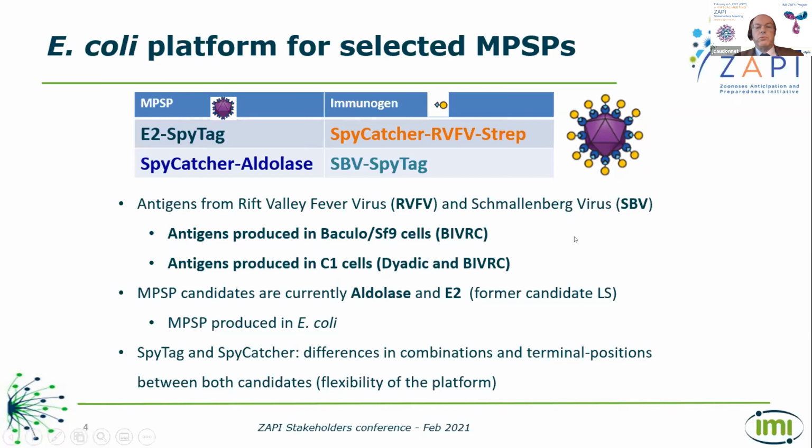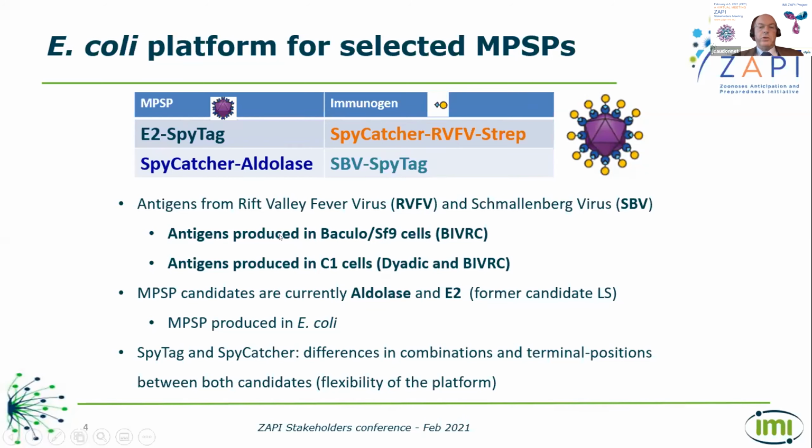So this is to show that we have actually a flexible platform that can be used in different ways. We have only two examples here, but probably there are possibilities to develop more in the future.